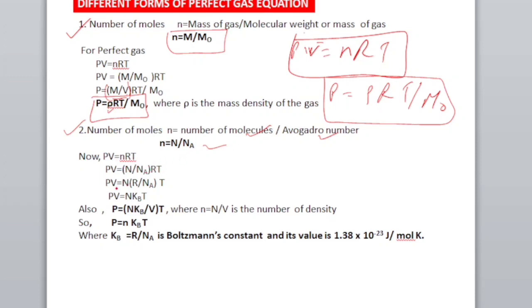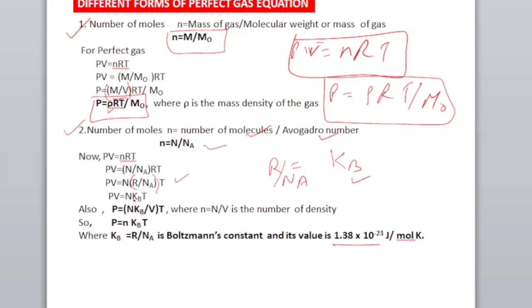So you can write PV equal to N, you take R by Na together into T, and this R by Na, the universal gas constant divided by the Avogadro number, is written as Kb. Kb is called Boltzmann's constant, and its value is 1.38 into 10 to the minus 23 joule per Kelvin.